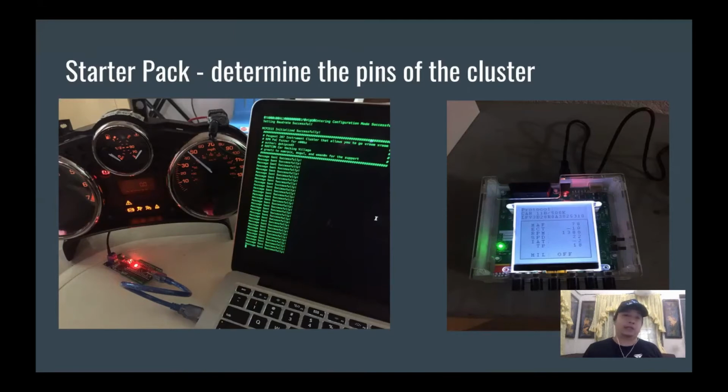Then get an instrument cluster and determine the pins for the ground, the volts, and also the CAN high and the CAN low, so that you could start sending CAN messages to the instrument cluster and manipulate it.